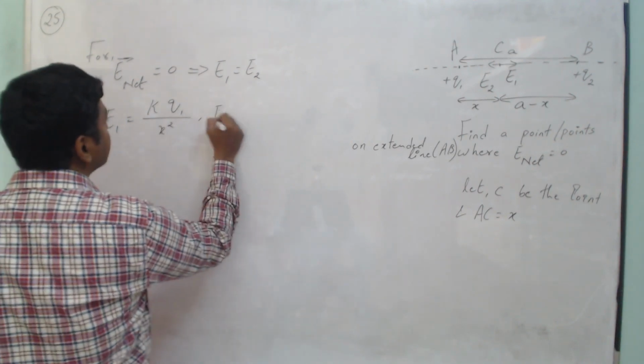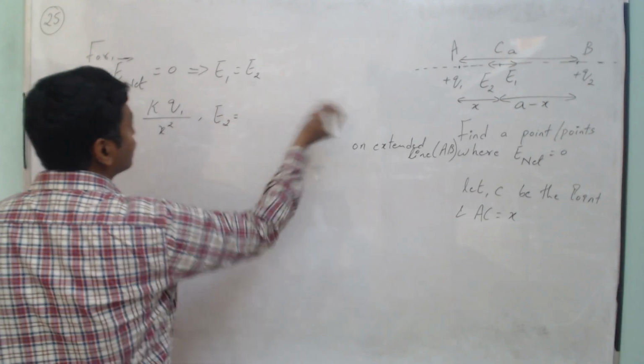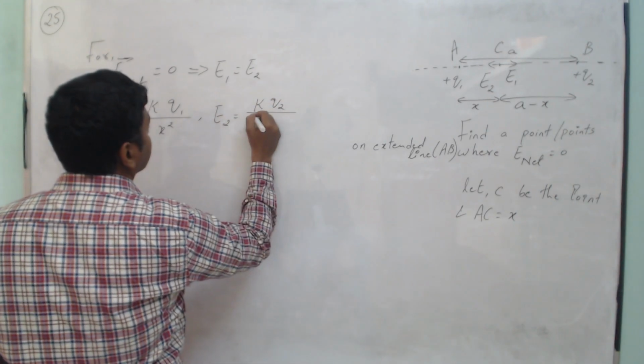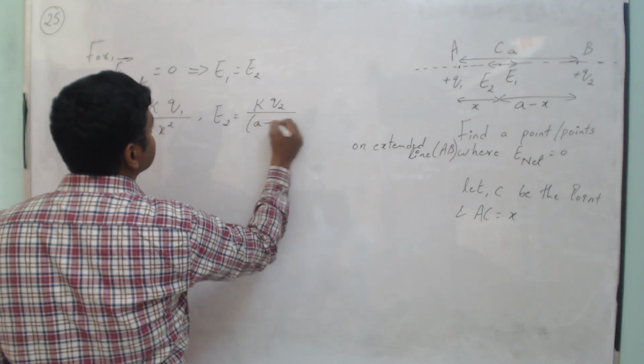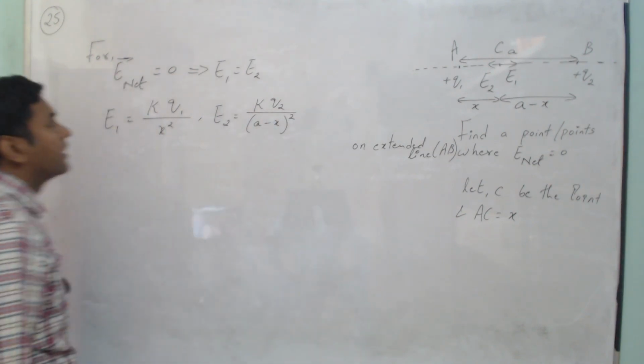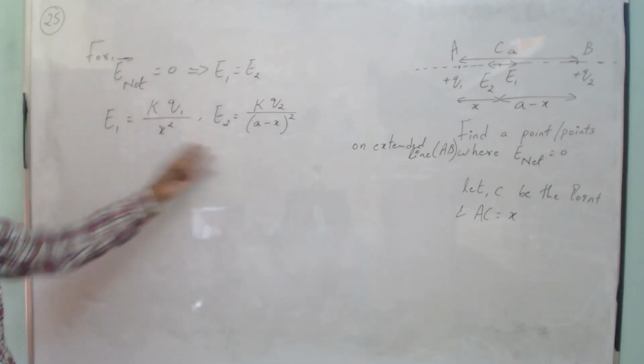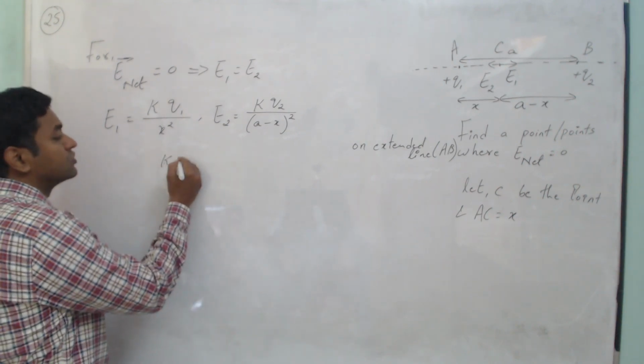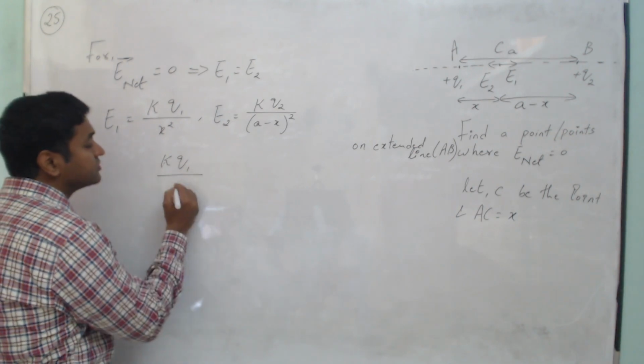What is the field E2 due to Q2 at C? It will be K Q2 by (a minus X) whole square. And for net electric field to be zero, these two should be equal. We have to equate these two. I'll just show you the solving of this.